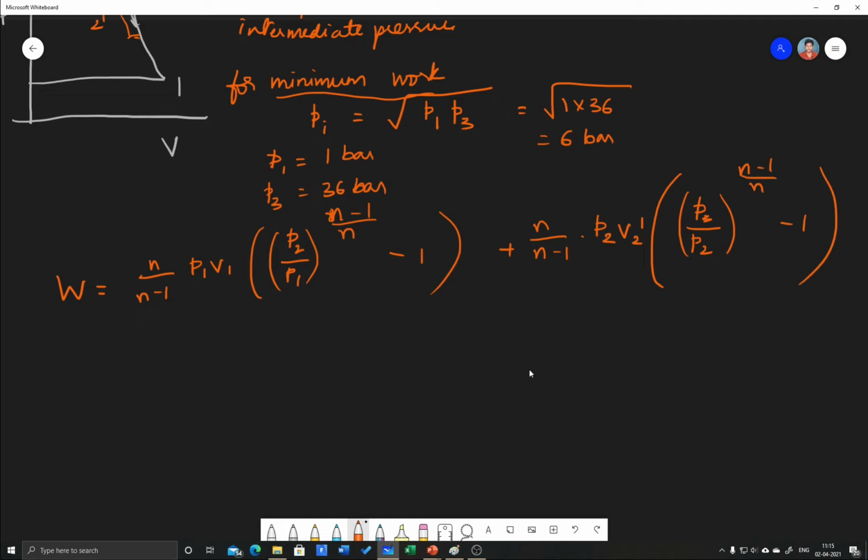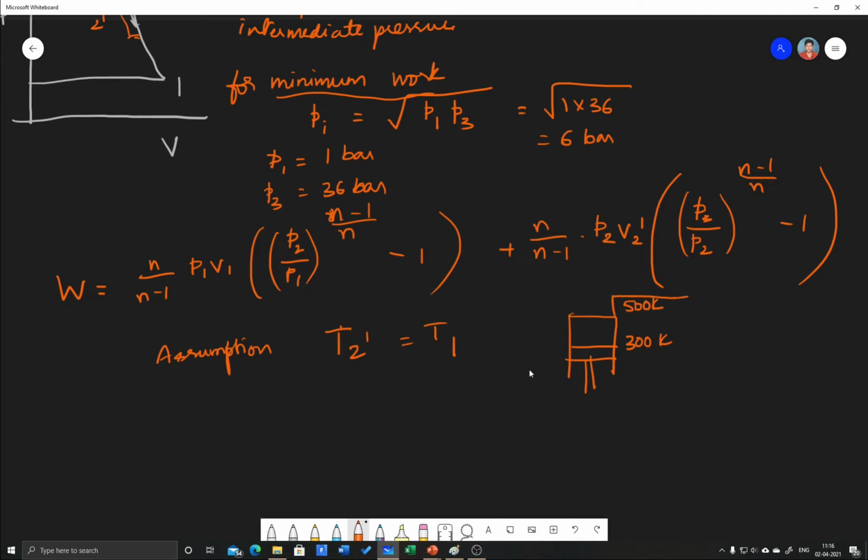So here the assumption is after intercooling, the temperature T2 dash will be equal to T1. Suppose in the first stage we have compressed, initially it is say 300 Kelvin, after compression it becomes 500 Kelvin.